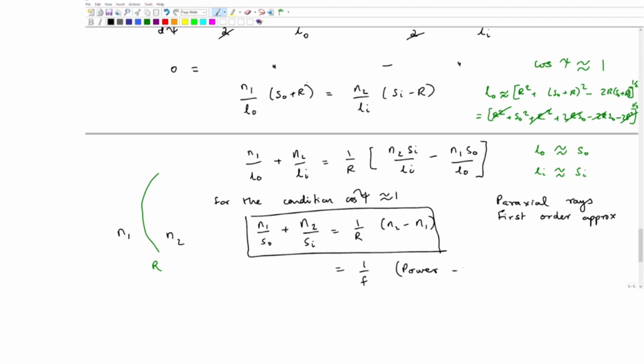Power, in units always given in meter inverse. The power of this surface is now determined by the refractive indices on either side of the surface and the curvature of the surface. So if I want to change the power of the surface, these are the variables I have. I can change refractive index or I can change curvature.